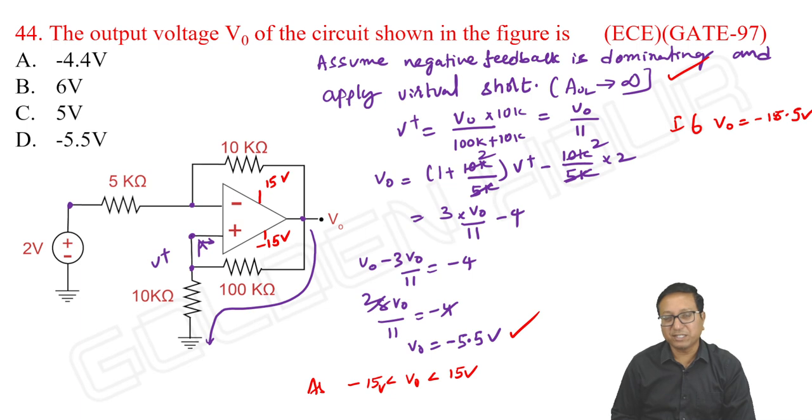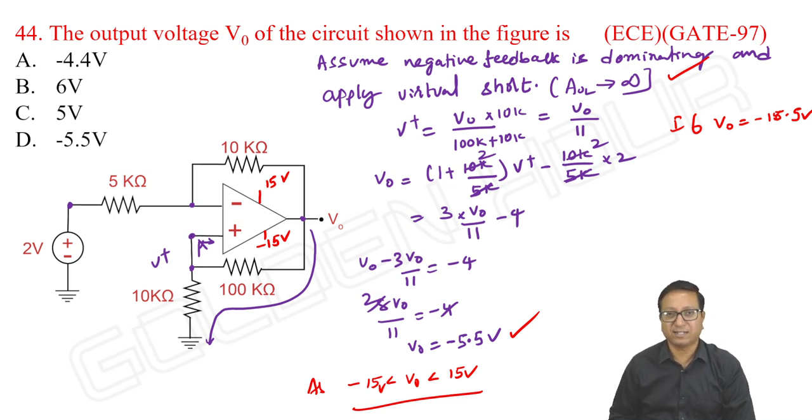Initially, we assume that negative feedback is only dominating and we calculate the output. If it is within the limits, then we go with our assumption. If not, then our assumption is wrong and we take output equal to either the minimum value or the maximum value. Unless you complete the calculations, we cannot know.